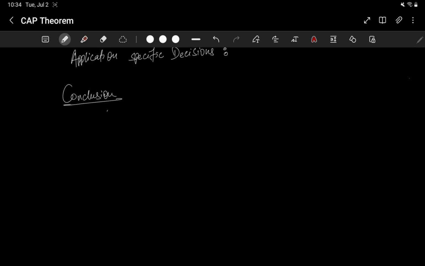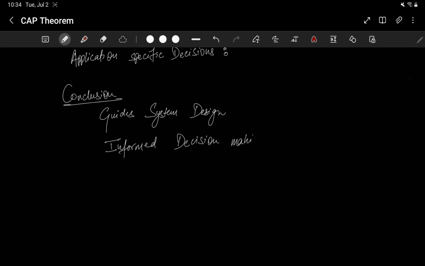CAP theorem guides system design decisions of distributed systems. And also it helps us in making informed decisions. If we understand the trade-offs, then it will help us in making informed decisions for the system architecture.